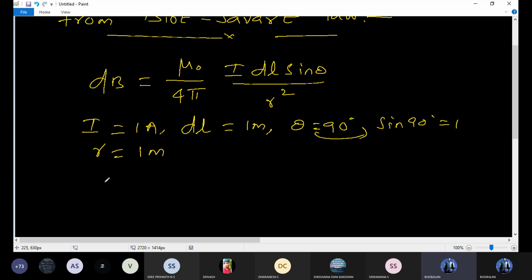So you will get only the value of dB equal to mu naught divided by 4 pi.